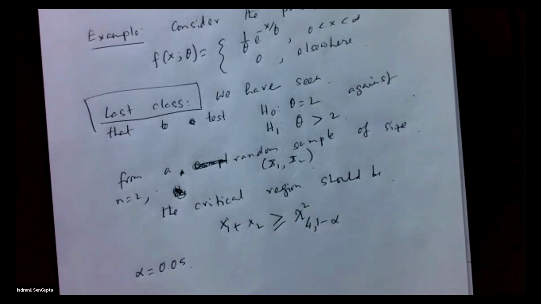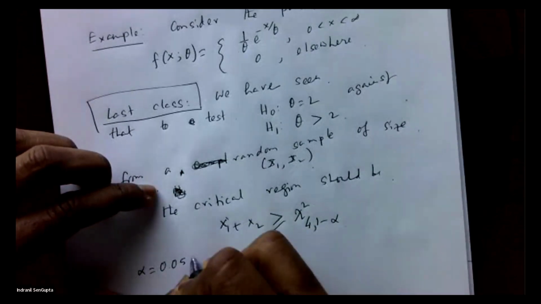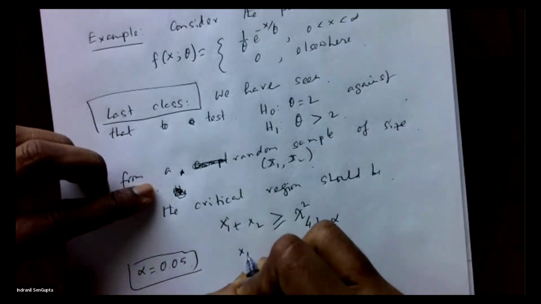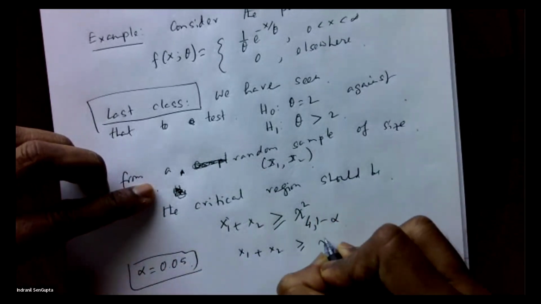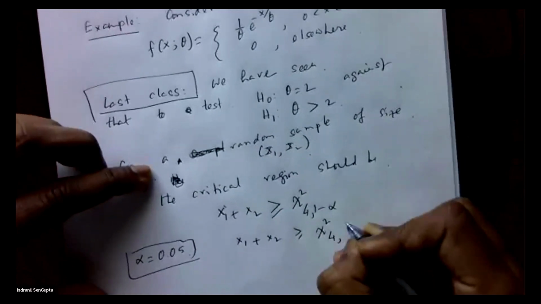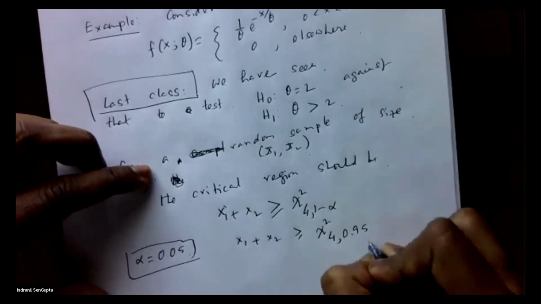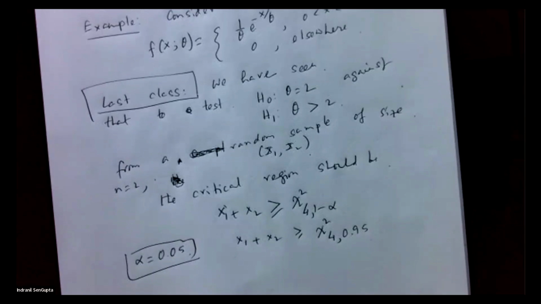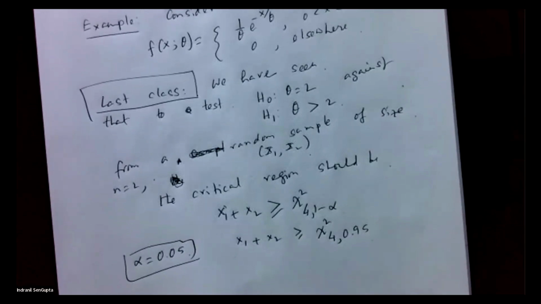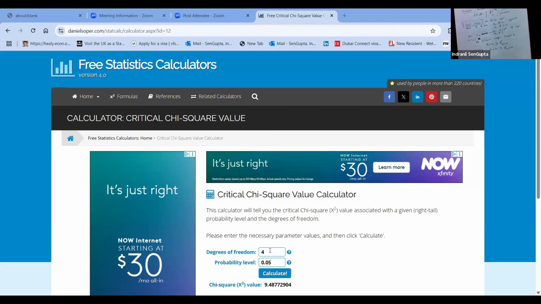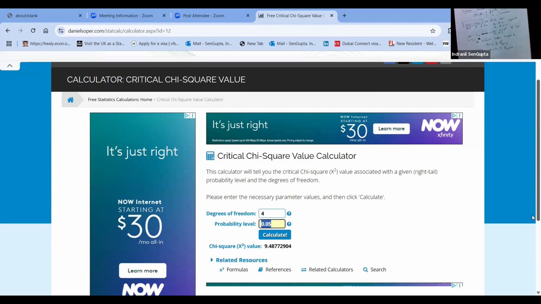Let me share my screen. We have to compute whether x1 plus x2 is bigger than chi-squared 4 comma 0.95. Let me share my screen so that you can see one of those tables. I just used a free calculator. I have degrees of freedom 4 and the level of significance 0.05.